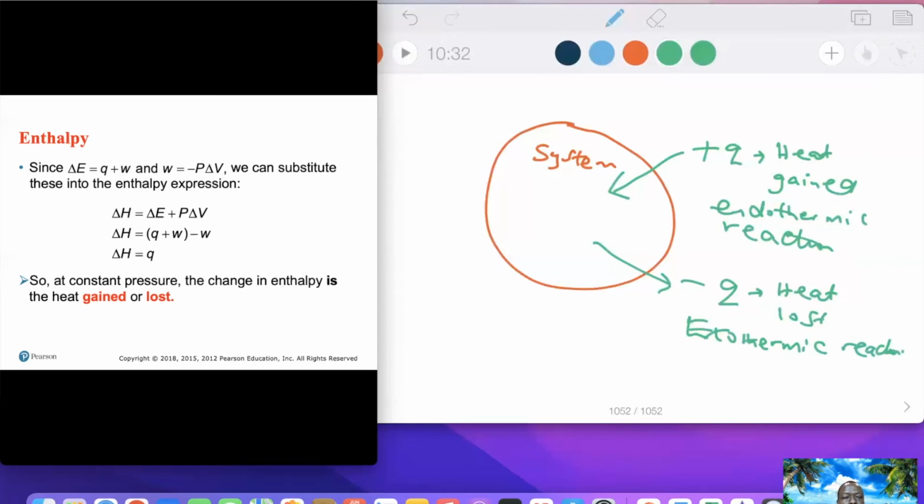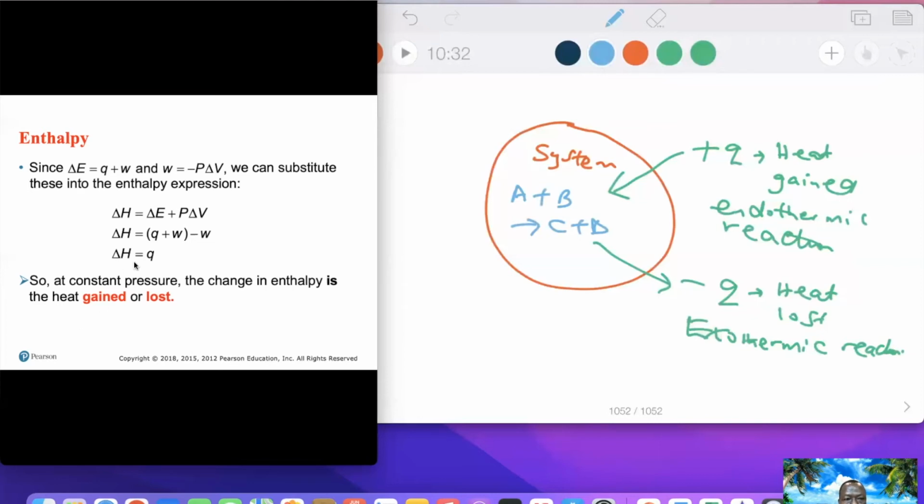So you have to know what is meant by gain or loss. It is with respect to the system, with respect to where the reaction is, A plus B going to C plus D.